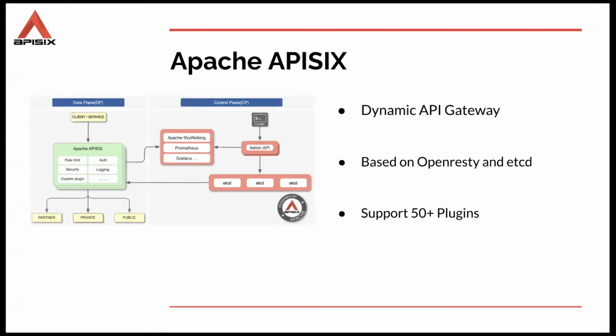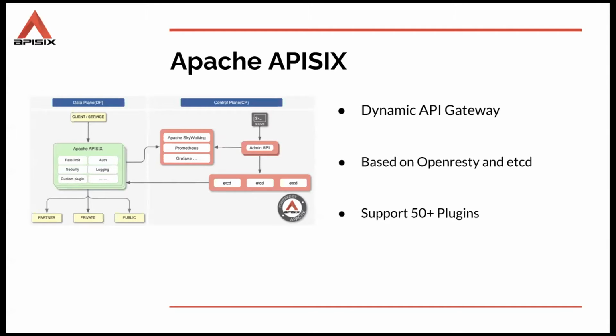What's more, it includes all the common needs like authentication or rate limiting, security checking, or observability like Skywalking or Prometheus. So you don't need to implement them separately on each of your services.